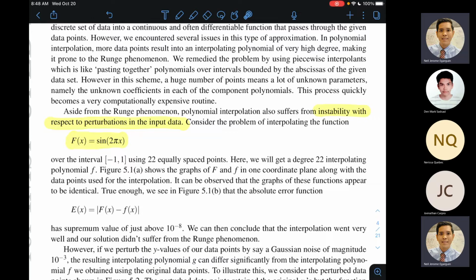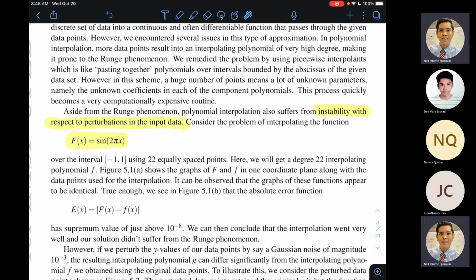So, yung mga f of x na gagamitin natin dun sa Lagrange form or dun sa cubic spline or dun sa piecewise linear interpolant, isipin natin na siya ay mapaperturb or subject to measurement noise or to simulation noise or to round off error.